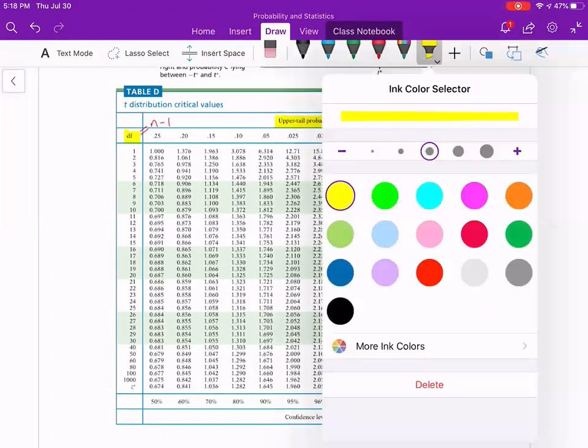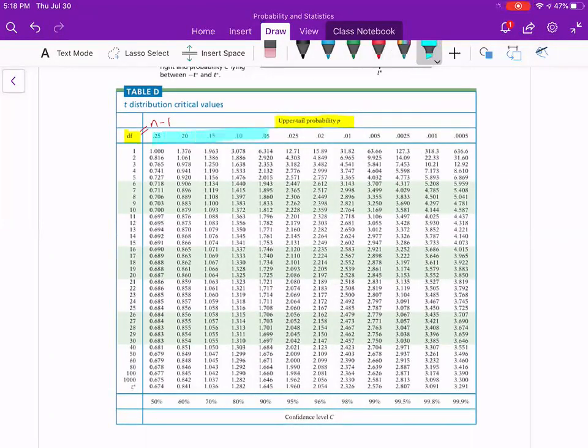The other thing is that your first row are your probabilities. These are the upper tail probabilities. So what is the main body of this table then? Anyone have an idea?